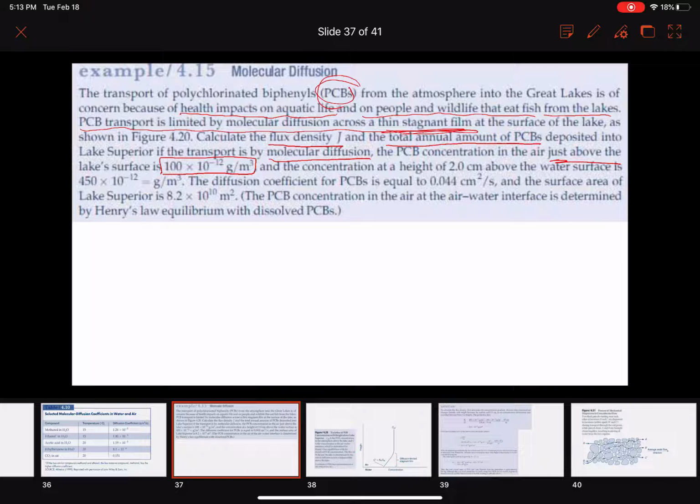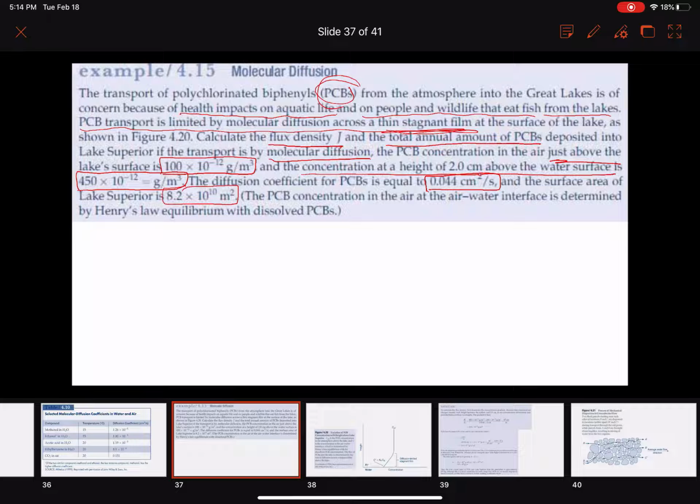The concentration at height 2 centimeters above the water surface is 450 times 10 to the minus 12. The diffusion coefficient for PCB is equal to 0.044. And the surface area of Lake Superior is 8.2 times 10 to the minus 10.